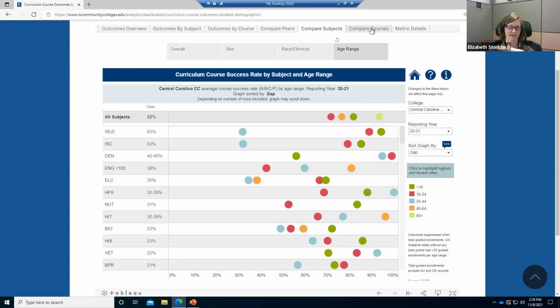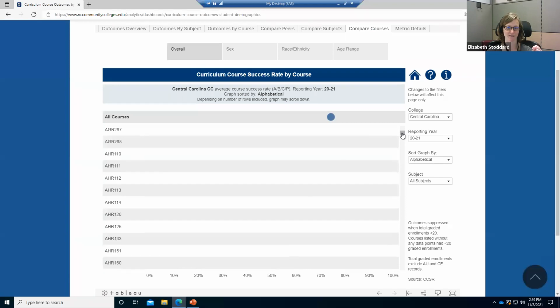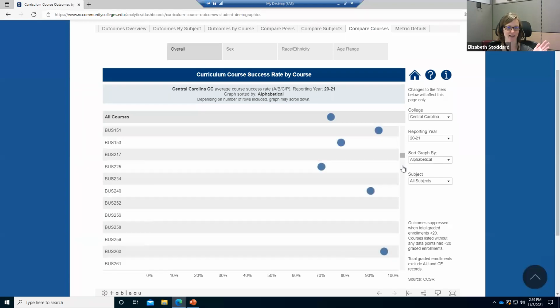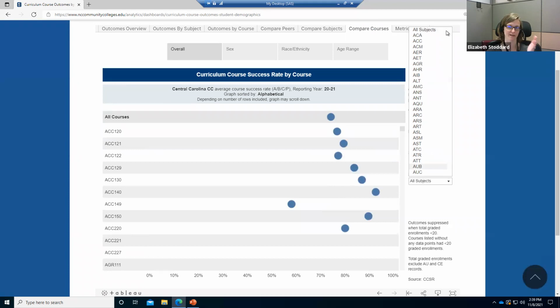The next tab here is going to be very similar, except now we're looking at courses instead of subjects. And if you are thinking, oh my gosh, my college had so many courses, this is way too much, you can filter this list to a specific subject.